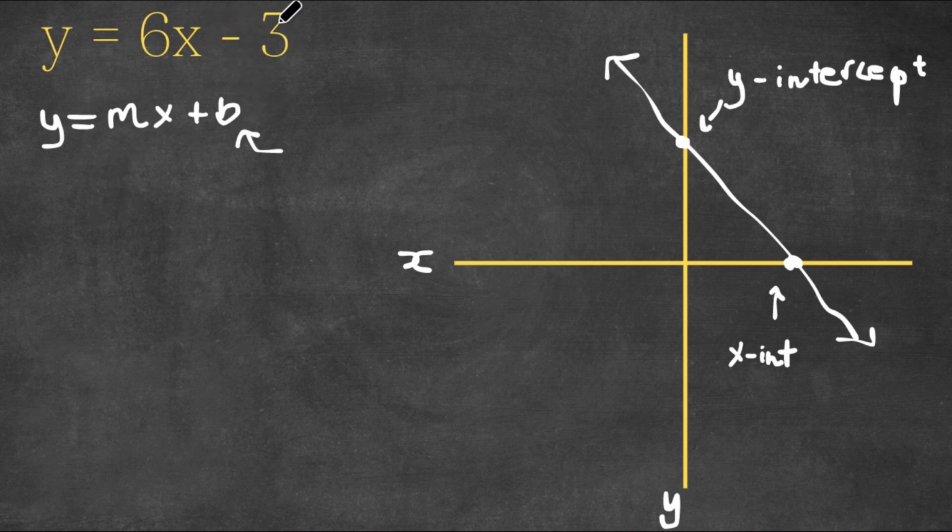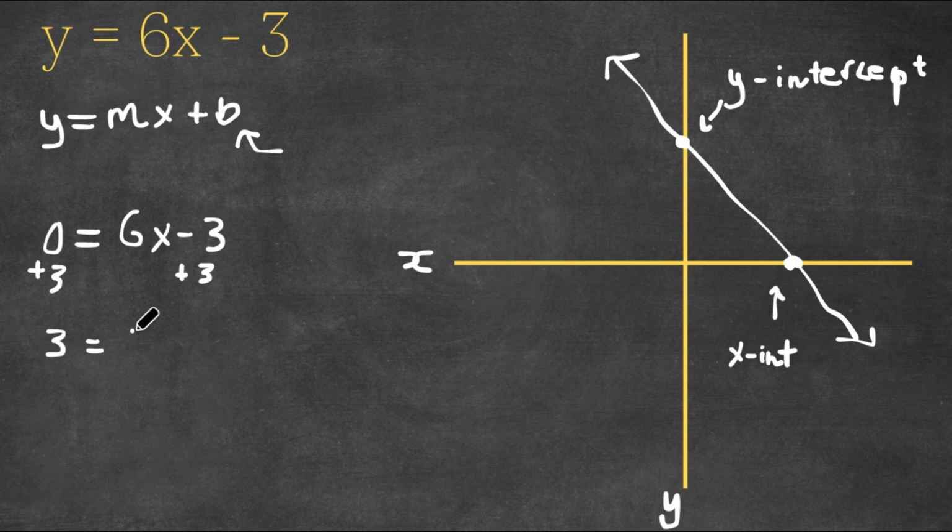So let's first find the x-intercept. We have y equals 6x minus 3. Now, to find our x-intercept, we need to set y equal to 0. So now we'll have 0 is equal to 6x minus 3. And now, as you see, we have a simple equation. We first add 3 on both sides to isolate x. So we get 3 is equal to 6x.